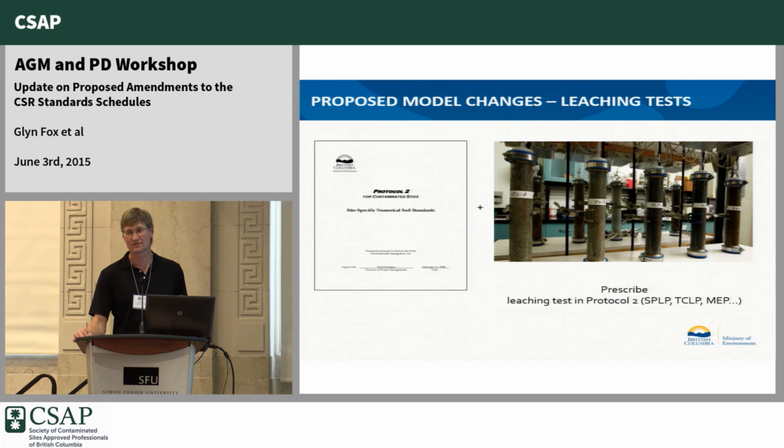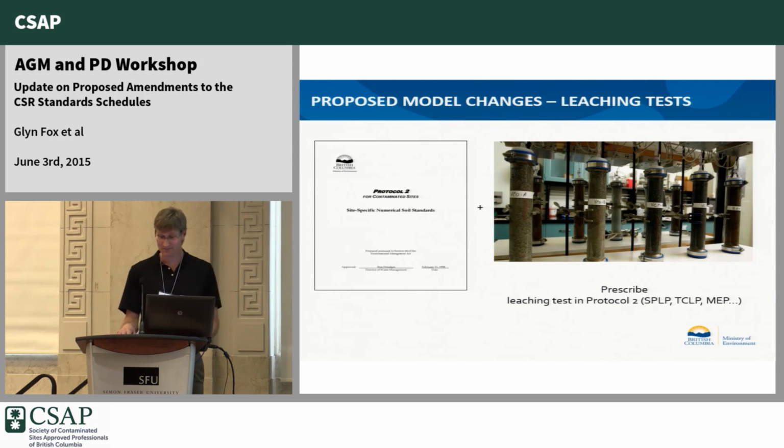It says you can use a leachate method to figure out how much could leach from soil. Instead of using the numerical standard in CSR, you could do a leach test, and that forms the basis of your soil standard. That's great, except we haven't actually prescribed what leaching tests to do. So this doesn't affect matrix standards right now in CSR, but it's a functionality we want to get in place with P2.